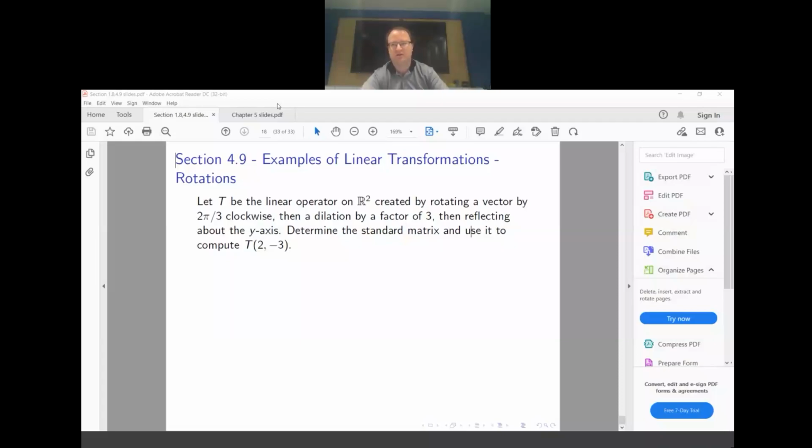For example, we wouldn't ask you to do the rotation operator, the reflection operator, or the dilation operator. That's 4.9. All the stuff where we were doing transformations and finding standard matrices, that's 1.8, and that is fair game. What isn't fair game for test 5 is us actually saying do a reflection or do a rotation, those specific types, because that's in 4.9.